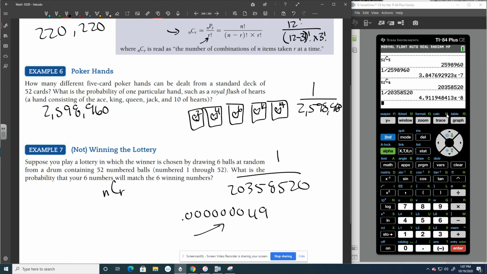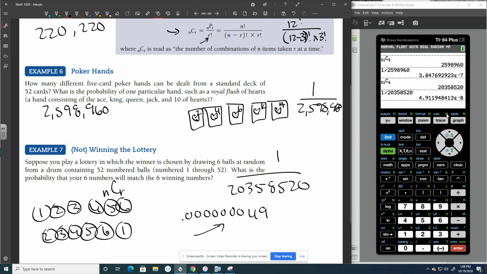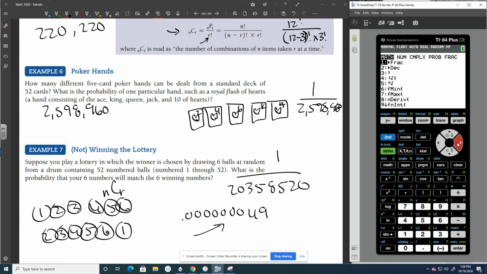If the order does matter, like let's say that getting 1, 2, 3, 4, 5, 6, if those balls get chosen, is different than being 2, 3, 4, 5, 6, 1, in that order, if the order did matter, then you would choose out of 52. Order matters so we would choose NPR instead of NCR, and we're choosing 6.